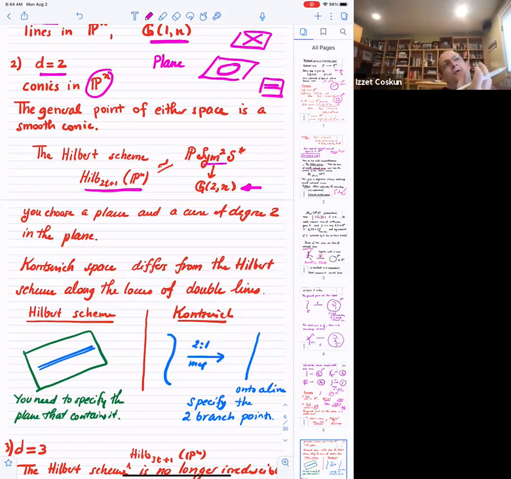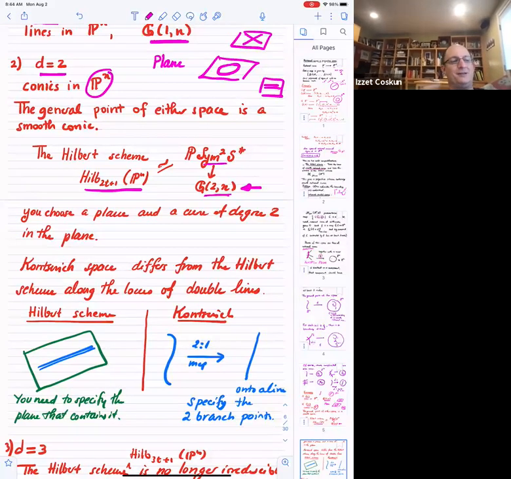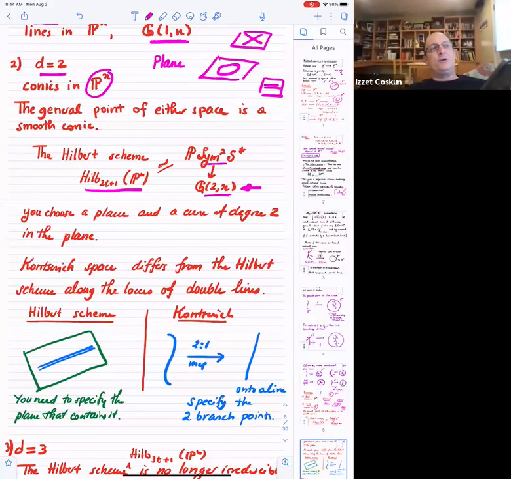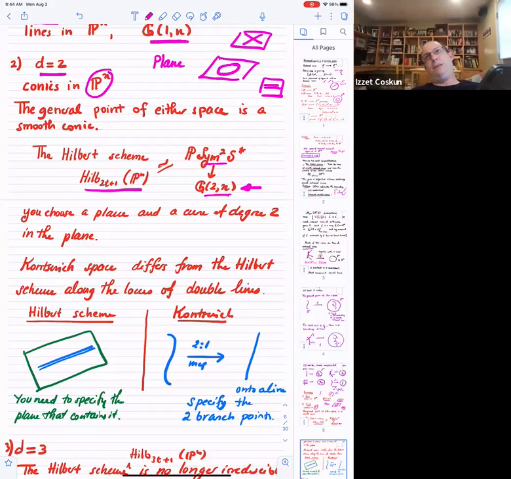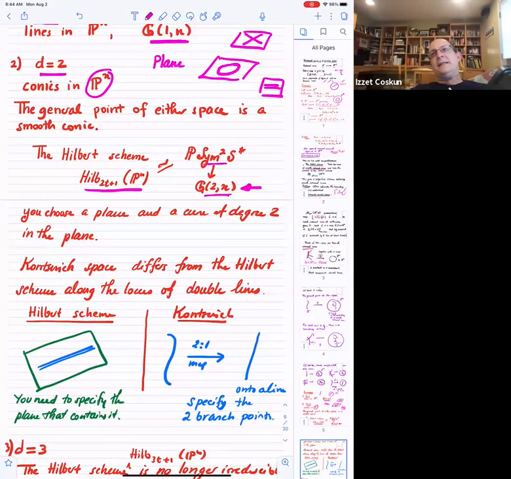Quadratic equations are symmetric squares of linear equations. The Grassmannian has a tautological bundle. Given a plane, you can associate a plane to it, namely the plane itself. Now if you look at the dual of that, those are the linear forms on the plane, and then the symmetric square of that is quadratic forms on the plane.